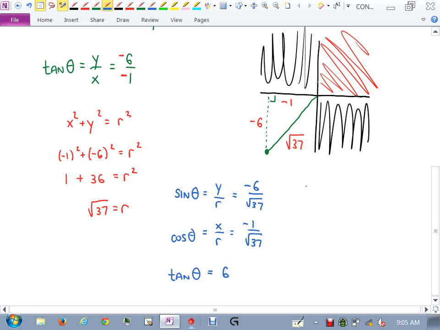And then cosecant theta is the reciprocal of sine. Secant theta is the reciprocal of cosine. And you should always get cotangent correct, right? Flipping over this one. So the reciprocal of 6 is 1/6. And we're done.